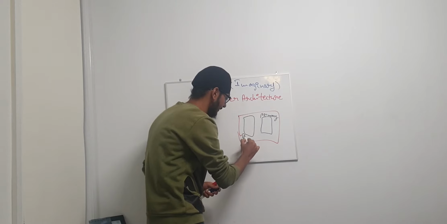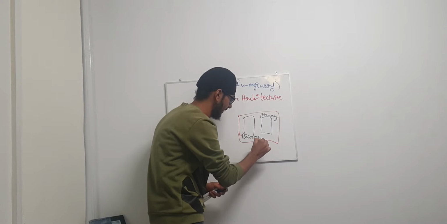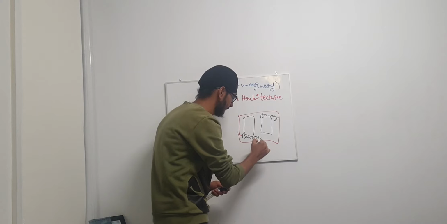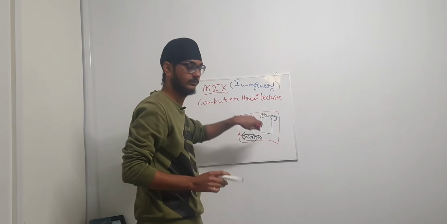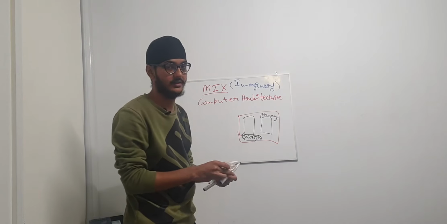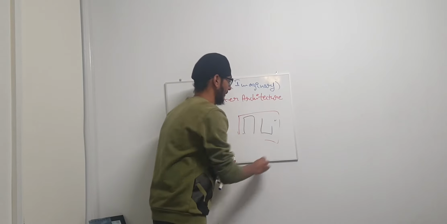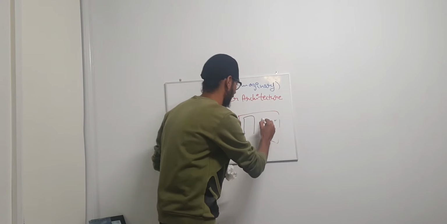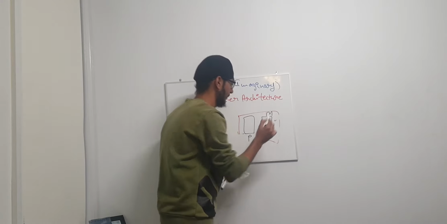There is a lot of other stuff on the computer chip, but we will be looking at two things only: the processor, which we'll call P for simplicity, and our memory, which is M.